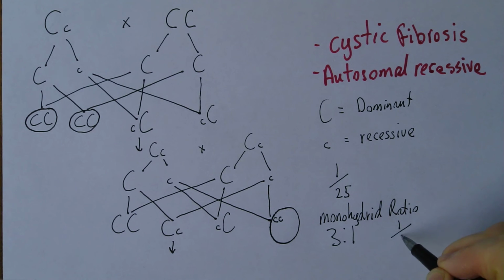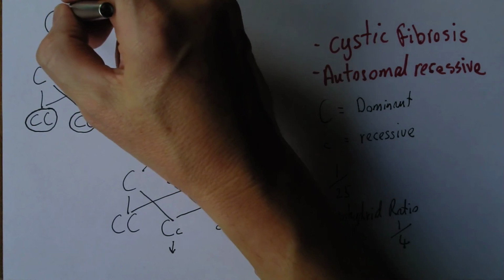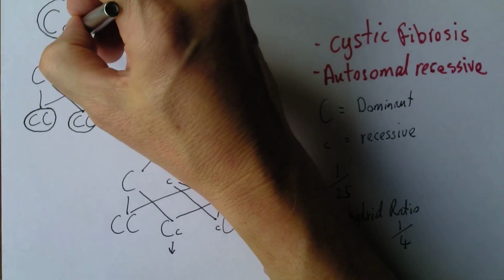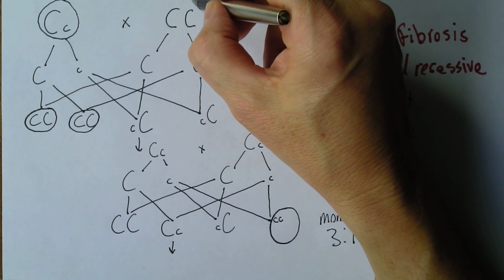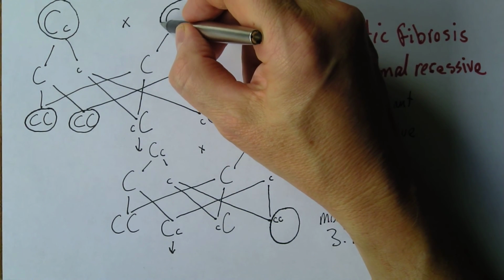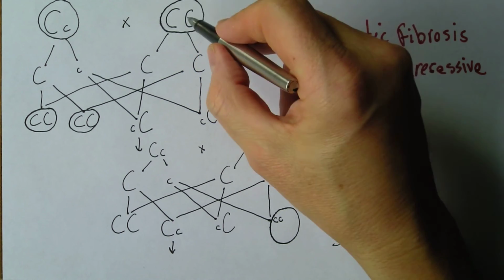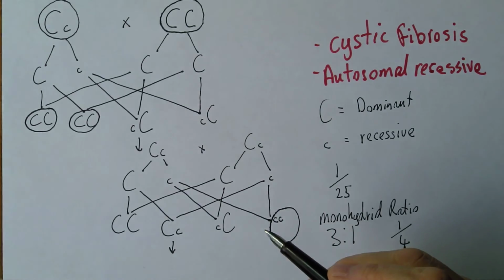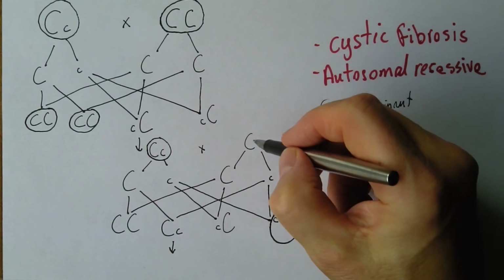1 chance in 4 that any individual will be affected. So, most times, someone with cystic fibrosis is going to reproduce with what we might call one of the 24 out of the 25. Someone who's normal. But occasionally, the 1 in 25 will meet the 1 in 25.